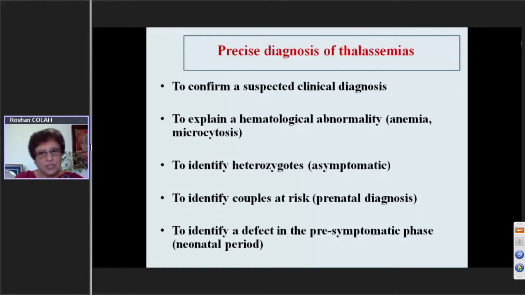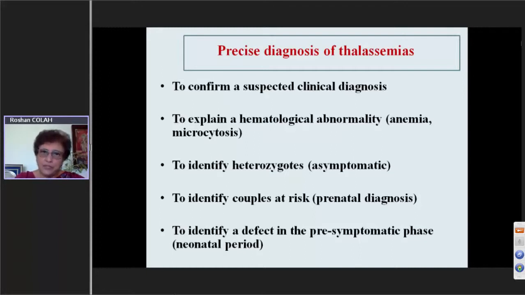So why do we need to precisely diagnose the thalassemias? First, if you suspect clinically, then one has to arrive at an accurate diagnosis, so you need laboratory investigations. Sometimes you have to investigate because there is a hematological problem or abnormality like anemia or microcytosis.